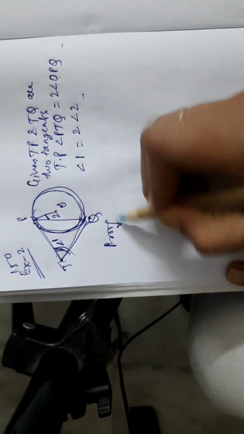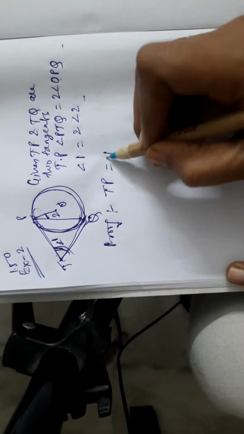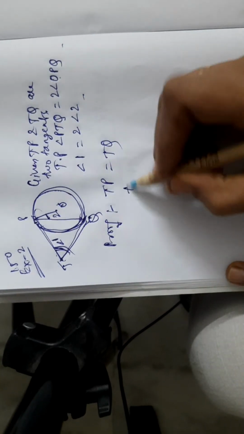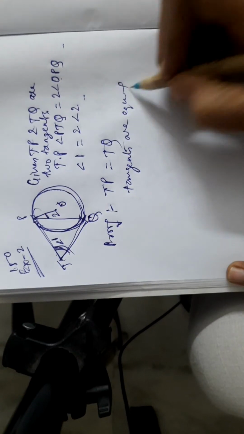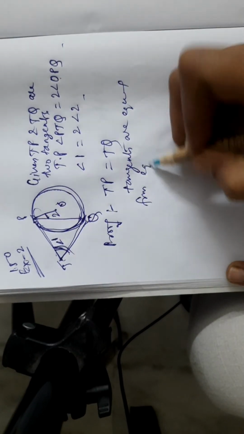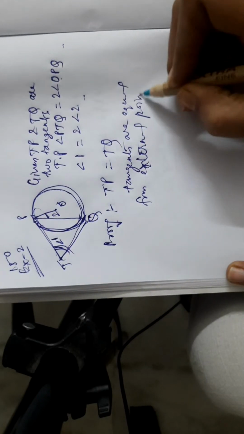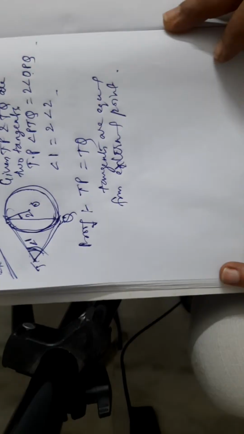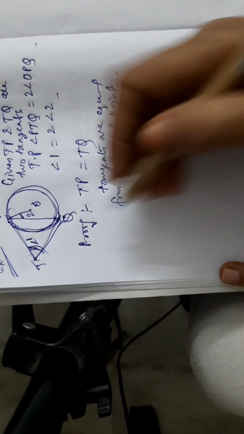Now starting with the proof, TP is equal to TQ. Reason: tangents drawn from an external point are equal.